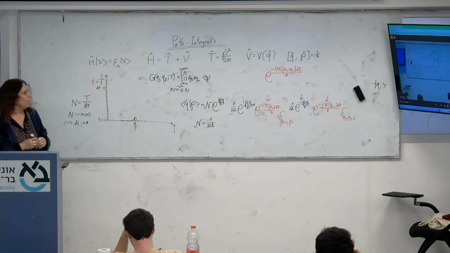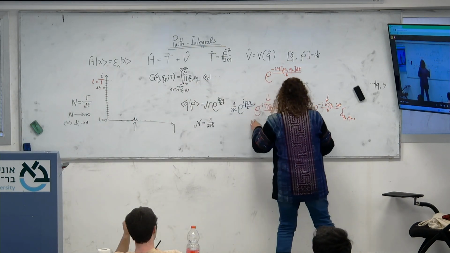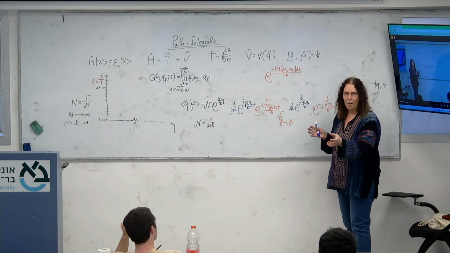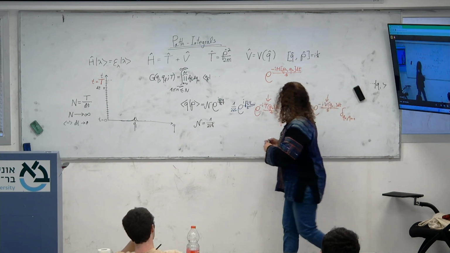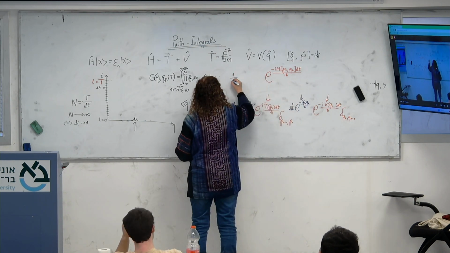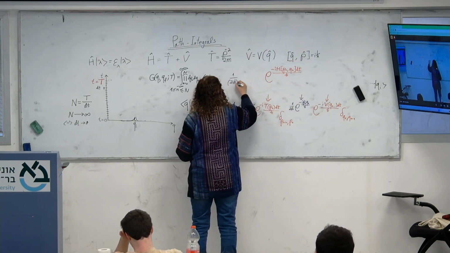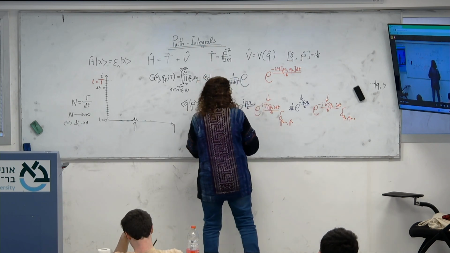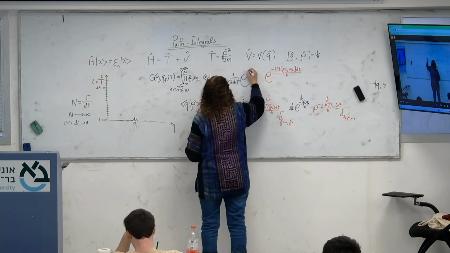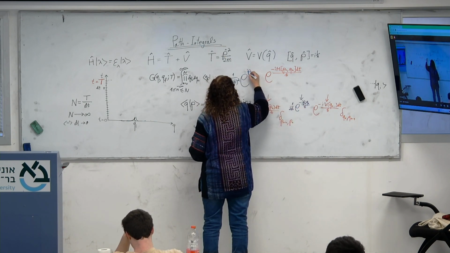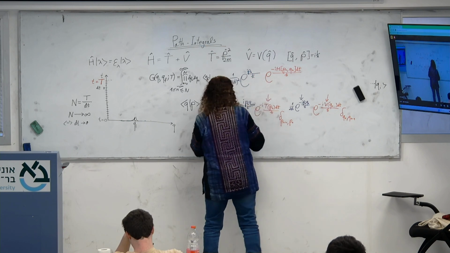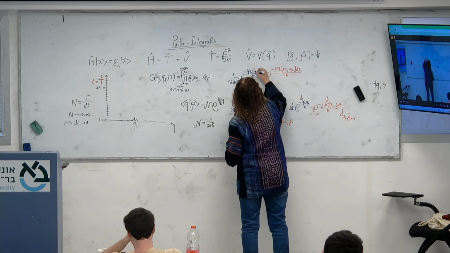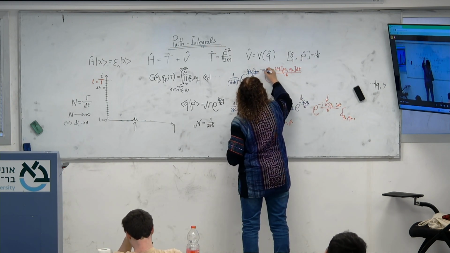Again, I can use the fact that the product of the exponents is the sum. Apart from a factor of 1 over 2 pi h bar squared, it's going to be an exponential of i P_n over h bar, but now if I unite these two exponents, I get here Q_{n+1} minus Q_n.